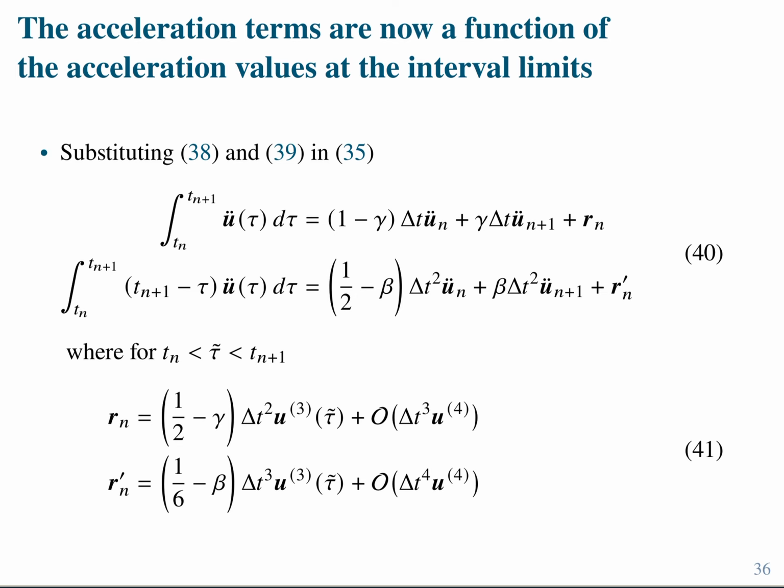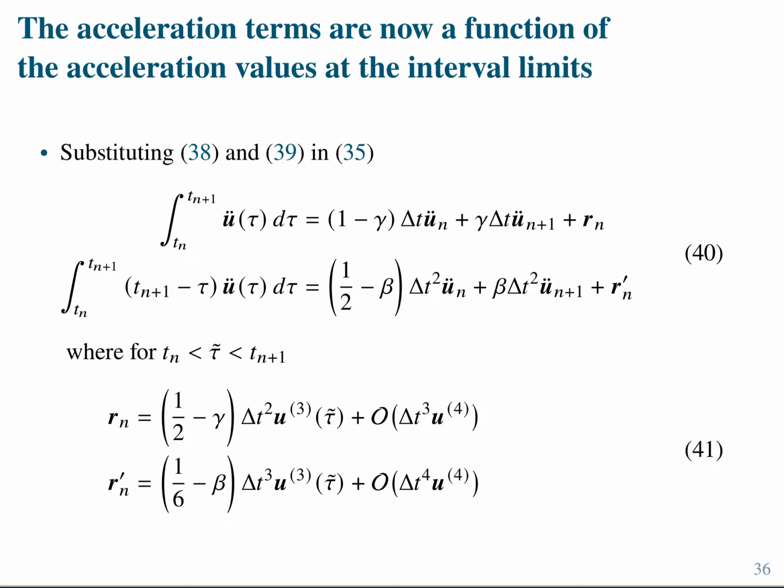But then, with that expression of the acceleration inside the interval as a function of tau, we can plug that back into the remainder expression that we had initially, right? And we get these two equations here for, if you remember, one was for the displacement and the other one was for the velocity, right?